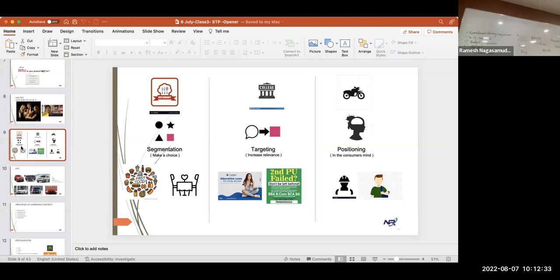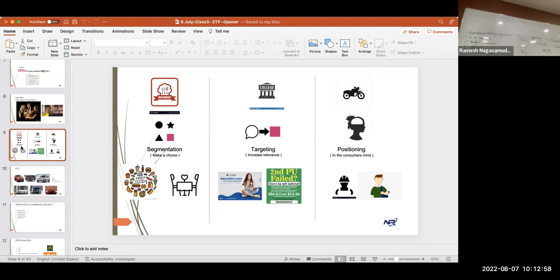This other one says, second PUC, well done, we'll give you educational loans for going abroad. See, it's the same segment of people who are in second PUC. Now you are focusing yours on an increased relevance.